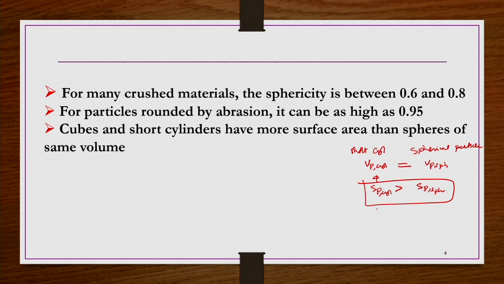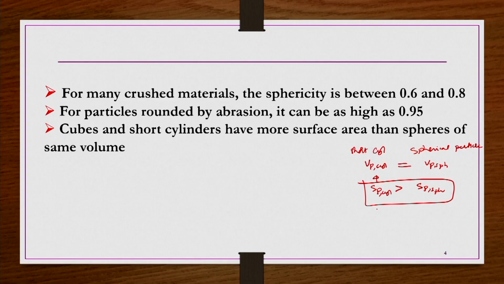So, because of this reason, if you take a short cylinder and a spherical particle, and the volumes of these two particles are equal to each other, then the surface area of the cylindrical particle is going to be more compared to the surface area of the spherical particle of the same volume. The same is true for cubes also, but it is not necessary for all cases.